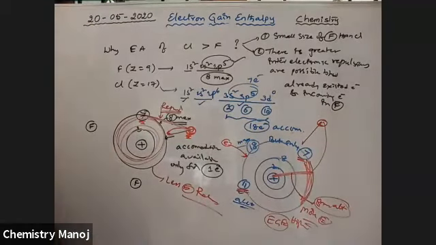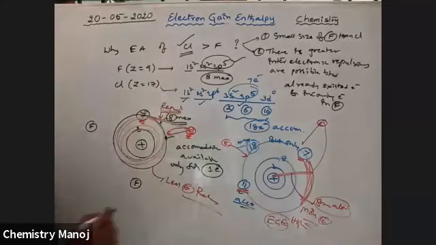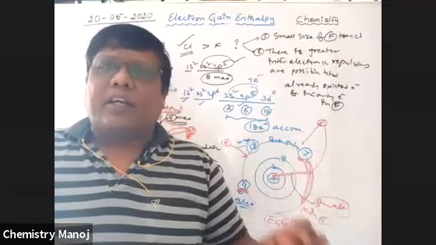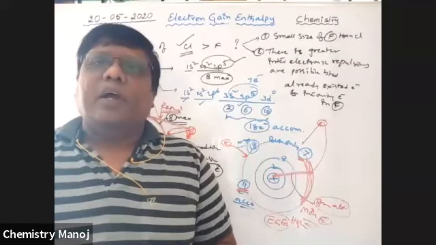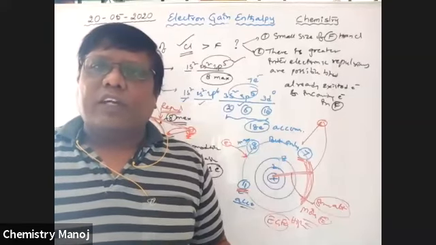Because of these two reasons, the attractive force is less, and automatically chlorine has more electron gain. Therefore, in your periodic table, the highest electron gain enthalpy is for Cl, chlorine.